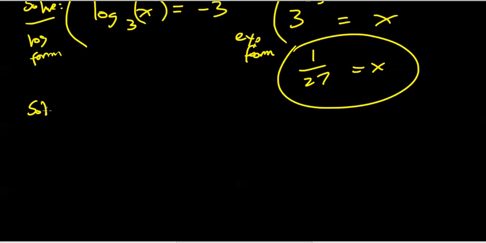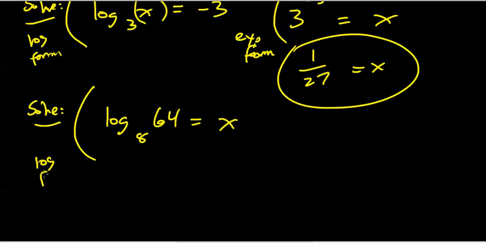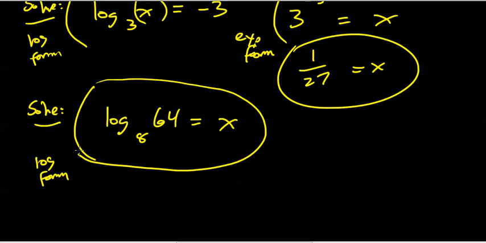Try another one. Solve this equation: the log of 64 base 8 equals x. Again, this is in log form. This statement tells me x is the exponent we put on the base 8 to get 64.